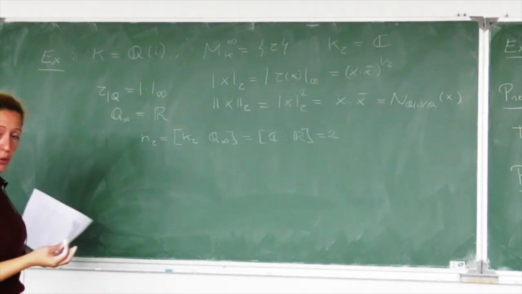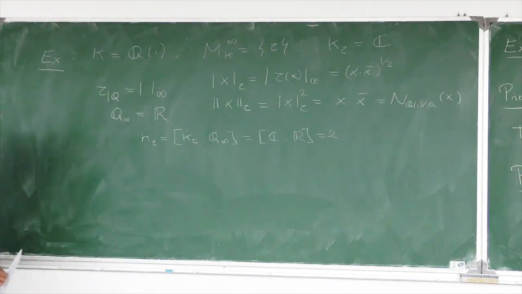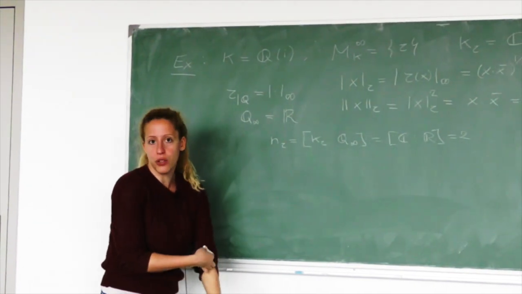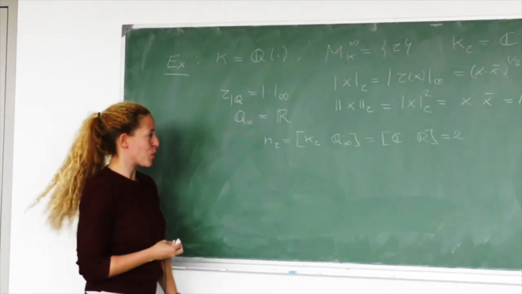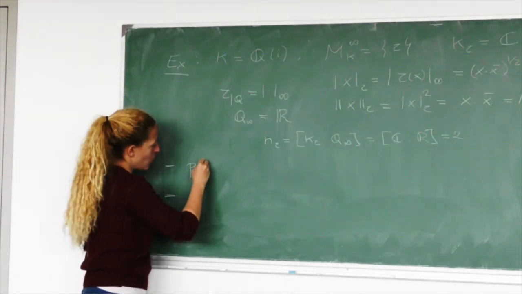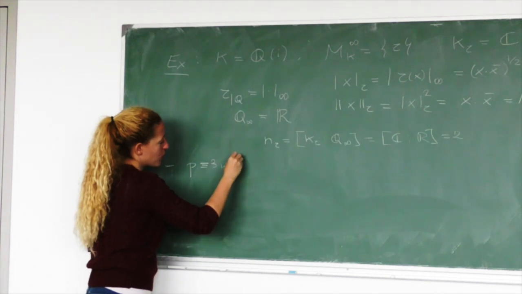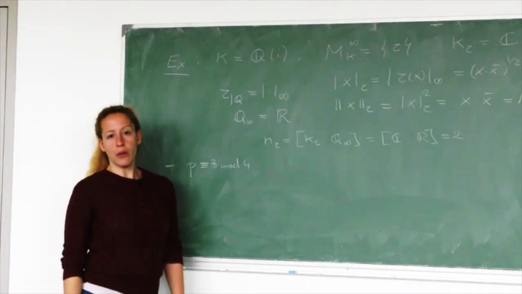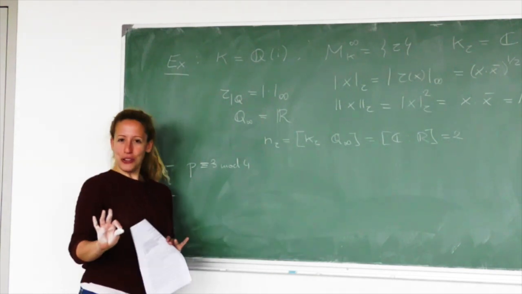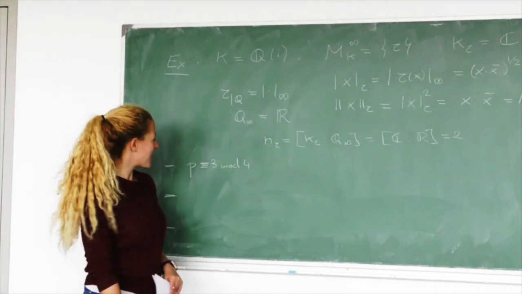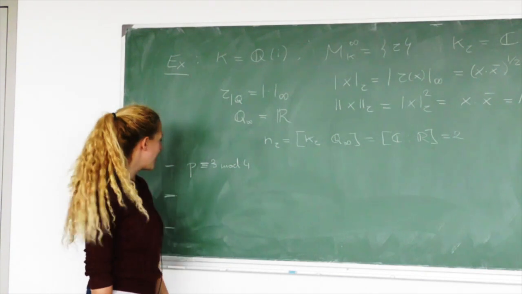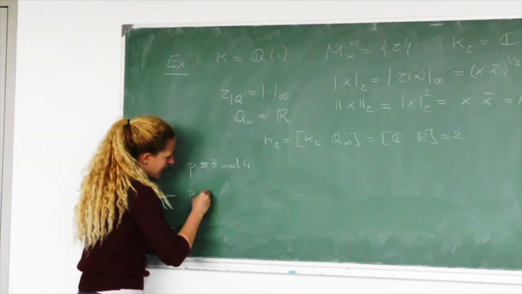So what about the p-adic ones? In this case, it depends on the factorization of the prime p in the ring of integers of Q(i). But this is kind of classical and we know it. There are three cases. If p is congruent to 3 modulo 4, p is still prime in Q(i). If you don't know it, this is an algebraic number theory exercise for you if you have never seen it before. Otherwise, if you find it very difficult, you can ask me for a reference. There are actually three cases to consider.